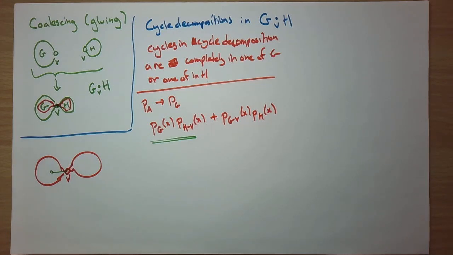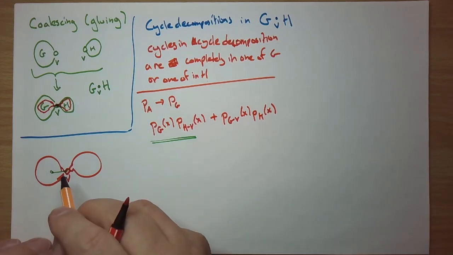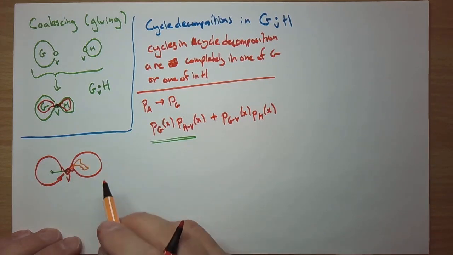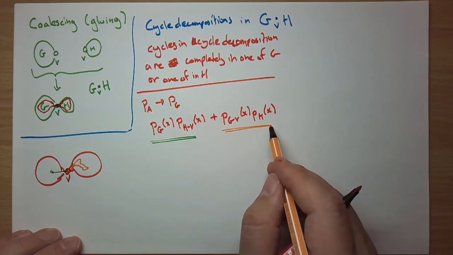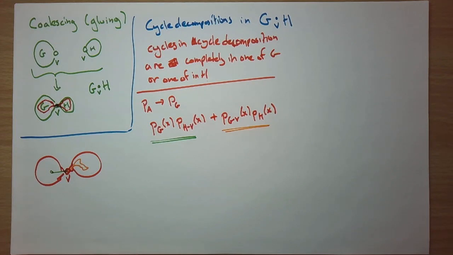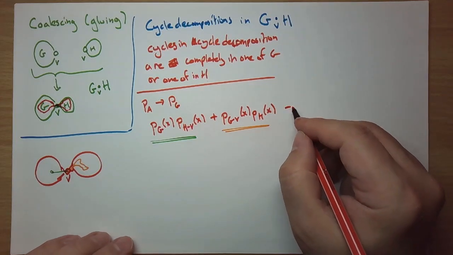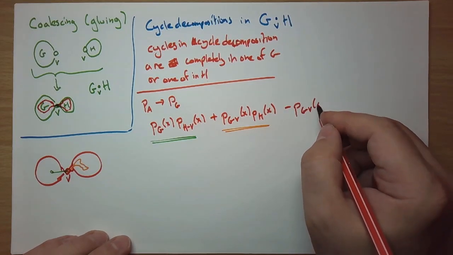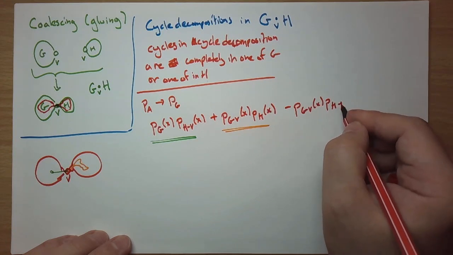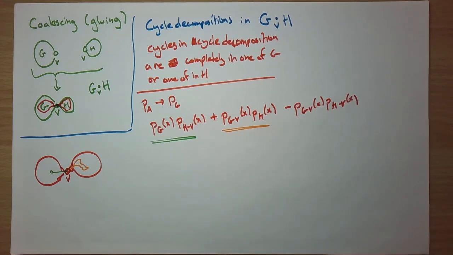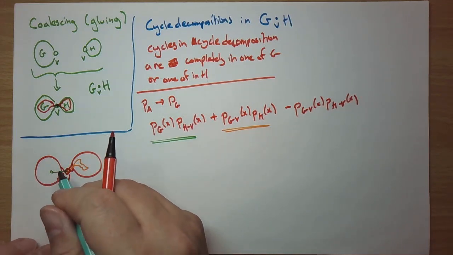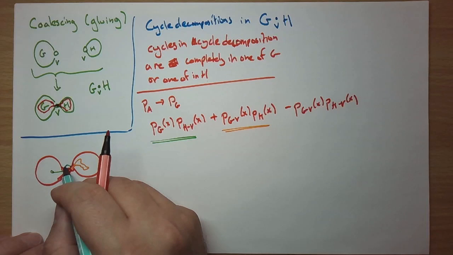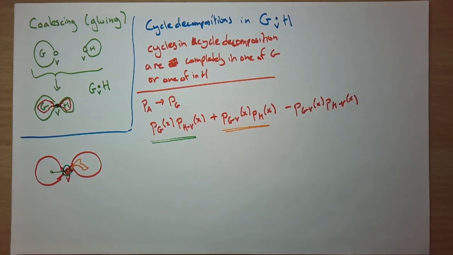And in the same way, anything that includes V in the cycle and is on the H side will be counted here. But you said I should subtract something. What? I think you were saying you should subtract P G minus V, P H minus V. Okay, possibly V is in neither then. Correct. Well, if V is in neither, then what does that mean? Well, it's just by itself. It's an isolated vertex.